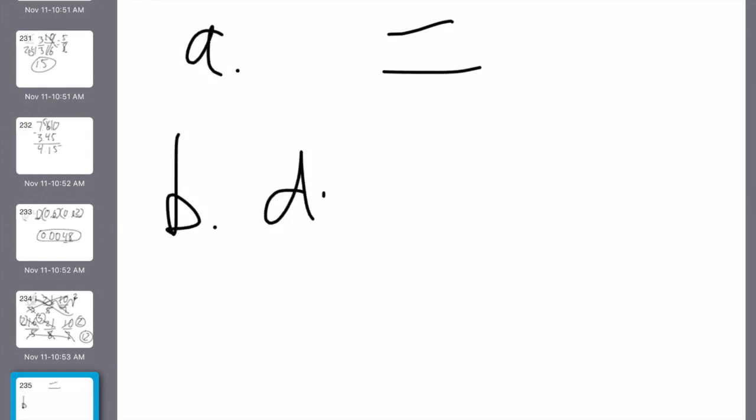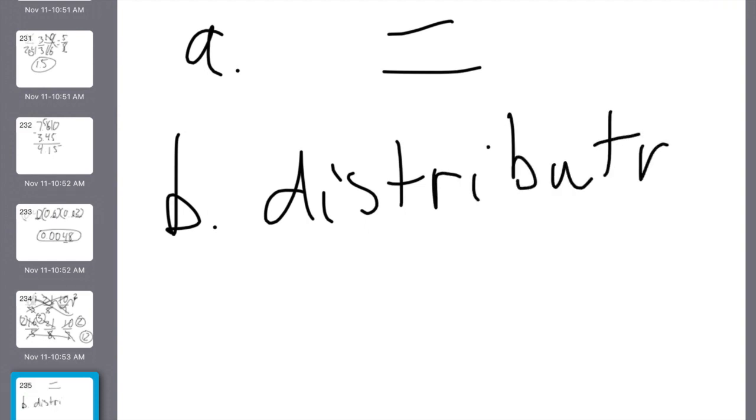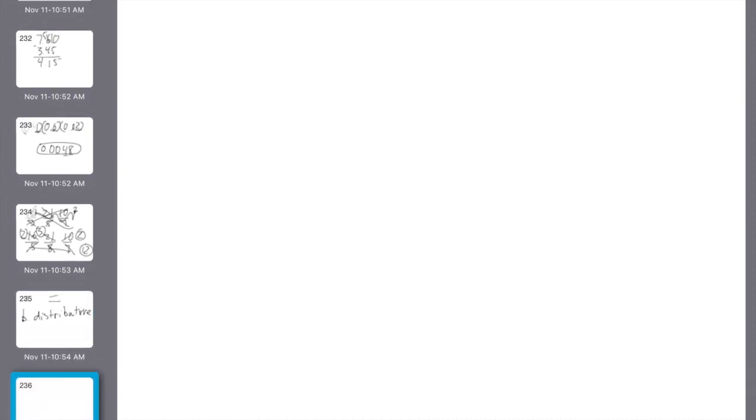So A, those two are going to be equal. Why? Because of the distributive property. So I don't really have to do the math, distributive. I don't have to do the math if I have a property that's coming out, guys, because all those properties equal each other. Commutative property, left, change the order, same on the right. Associative, change the parentheses, still the same. So look for that shortcut.